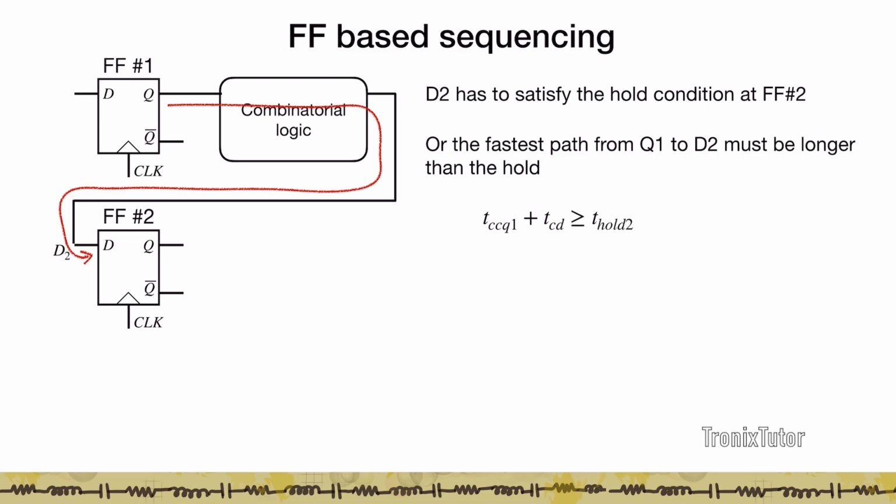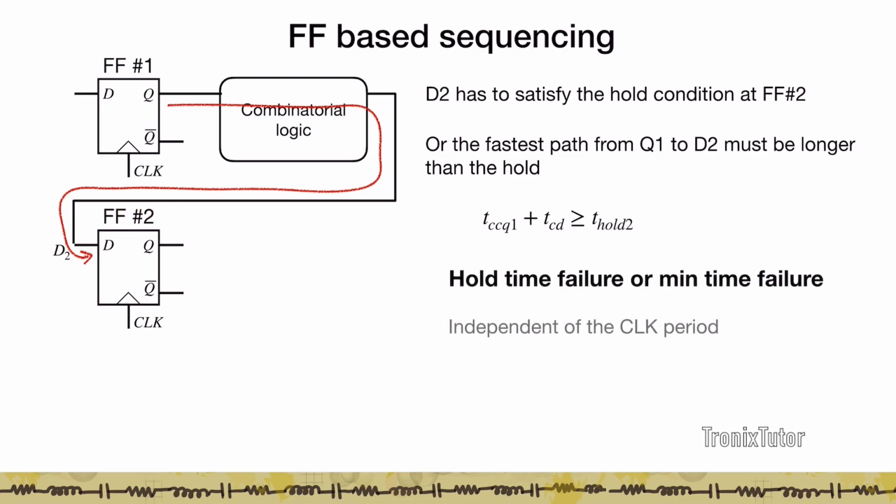Now the fastest path we looked at would be the quickest path from clock to Q, which is TCCQ, and the quickest path through the logic, which is the contamination delay. And so this quickest path, TCCQ plus TCD, should be greater than the hold time of the second flip-flop. And again, if this is violated, it is known as a hold time failure or a min time failure. And you see here that this hold time criterion or the min time criterion does not depend on the clock period.